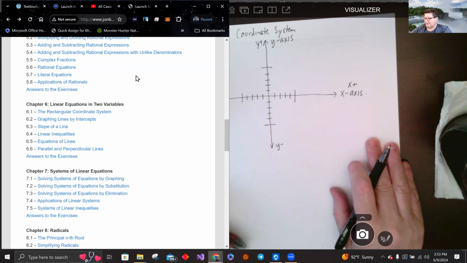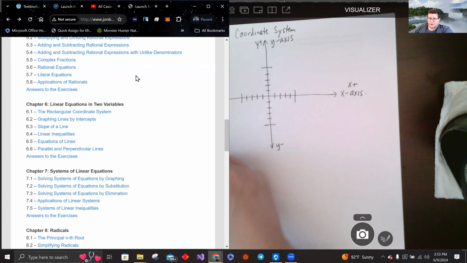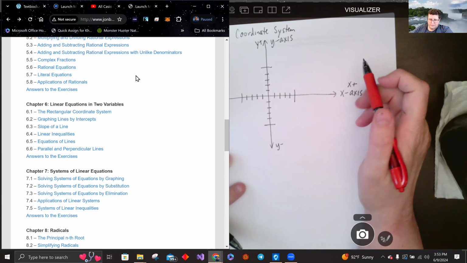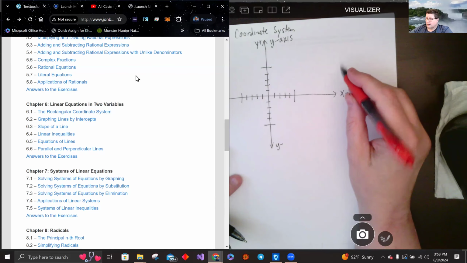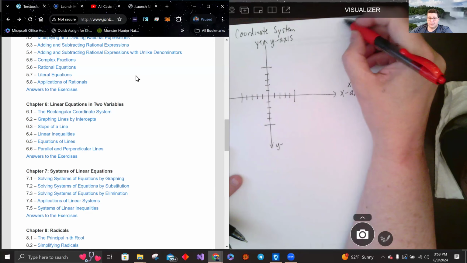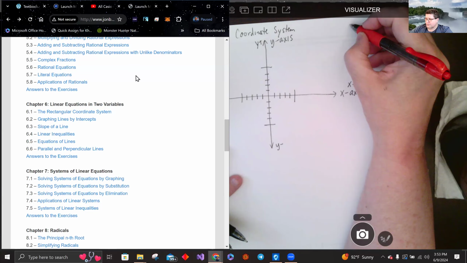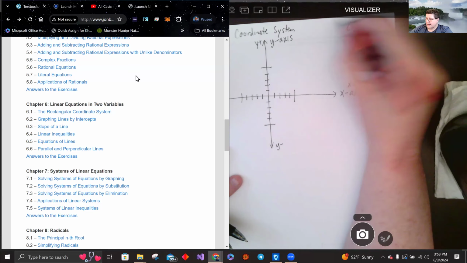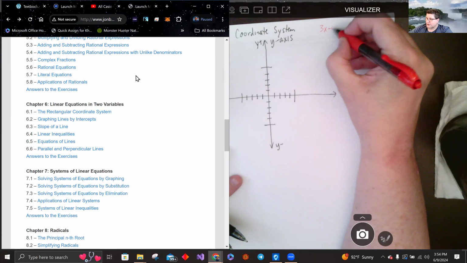All right, I had two sets of ordered pairs. I'm going to do them in different colors. So one color was the first equation we did, 3x minus y equals negative 2.